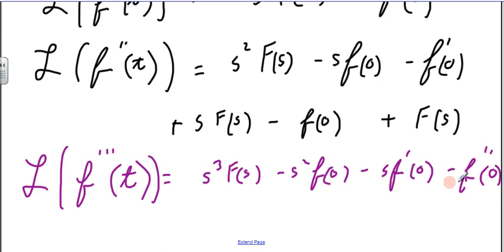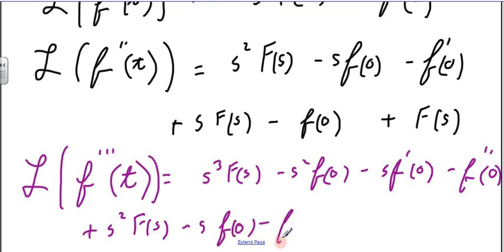Again, I need the initial conditions at 0 to make this work, plus s squared F of s minus s f at 0 minus f prime at 0 plus s F of s minus f at 0.